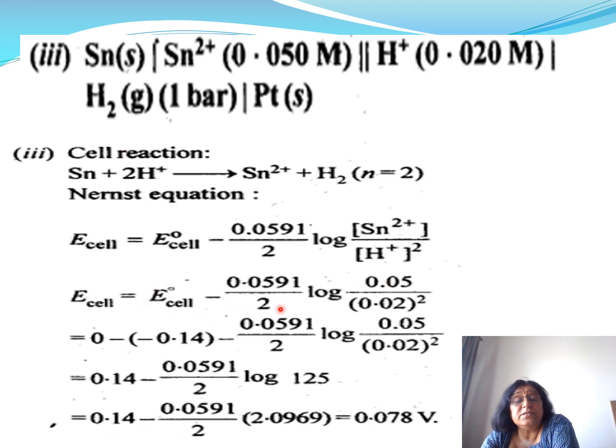So E naught cell minus 0.0591 upon 2 log, where 0.05 is the concentration of tin ions and 0.02 is the concentration of hydrogen ions. So 0 minus minus 0.14, minus 0.0591 upon 2 log 125. Then 0.14 minus 0.0591 upon 2 into 2.0969 when you take the log of this. On solving, this comes out to be 0.078 volts. Clear?